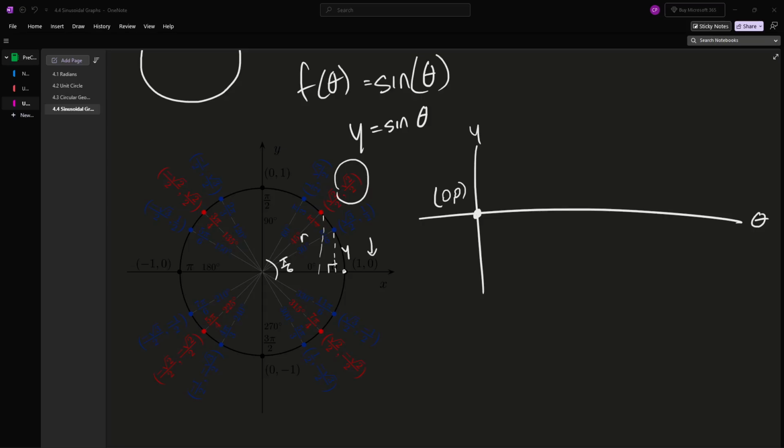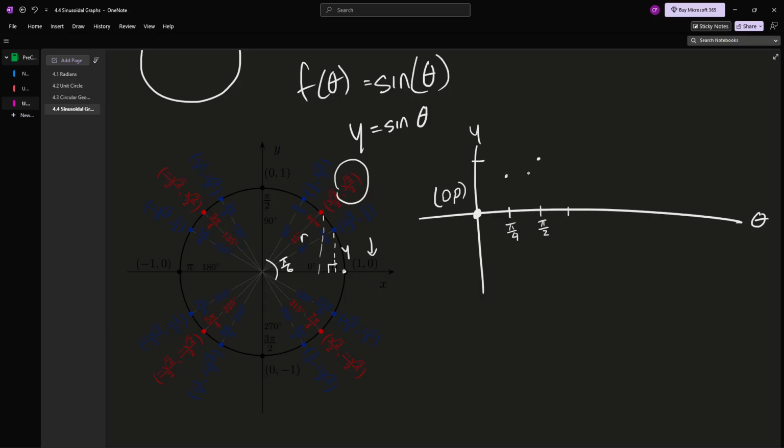Root 2 over 2 is roughly 0.71, so I'm just going to make a little marker right around here. This is my pi over 4 value. Next up, at pi over 2, looking at my y, I'm at 1.